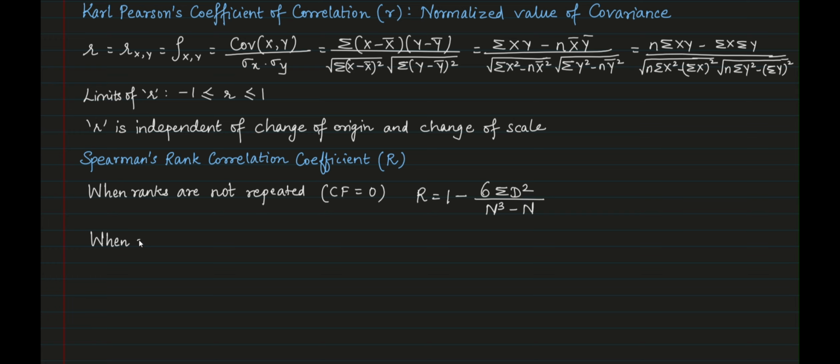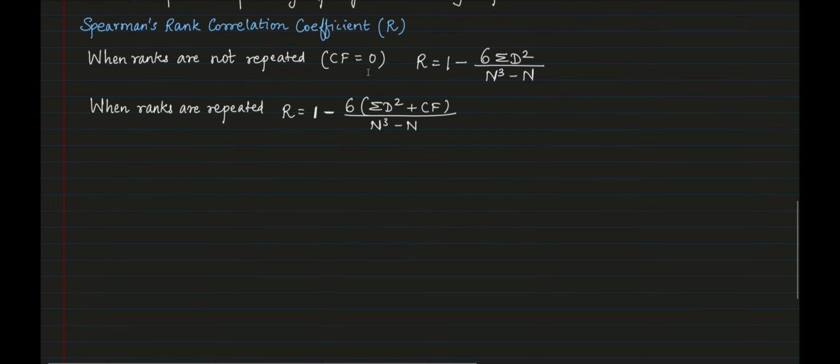When ranks are repeated, R is equal to 1 minus 6 times summation d square plus correction factor, the whole upon n cube minus n. Remember that this 1 minus is outside the fraction. Now, how do we calculate the correction factor?